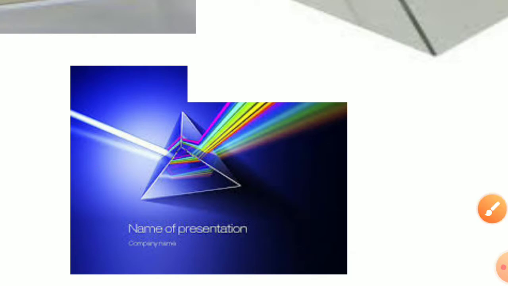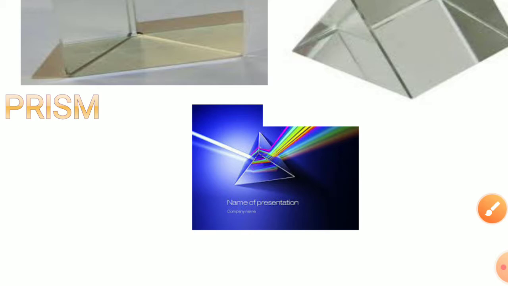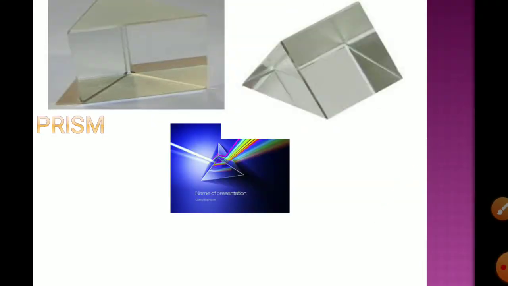Sir Isaac Newton was the first who noticed this phenomenon, and he called it dispersion of light. So the phenomenon of dispersion of light was discovered by Sir Isaac Newton.